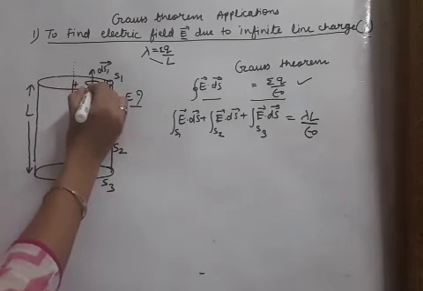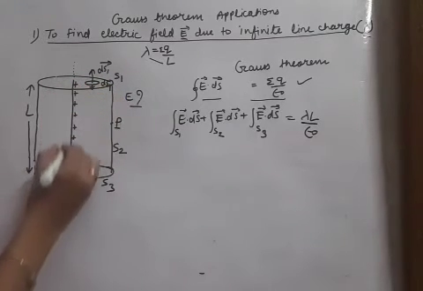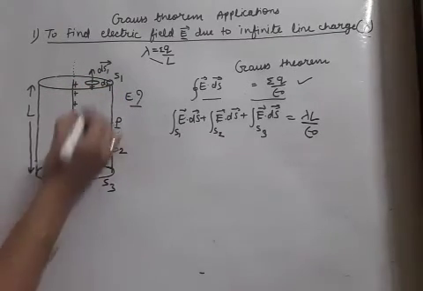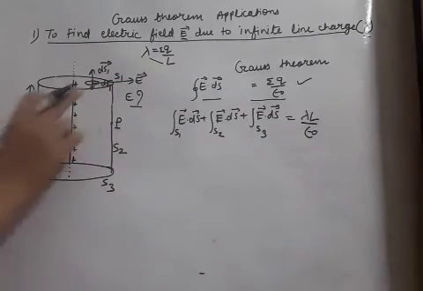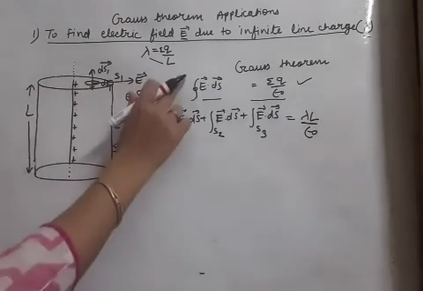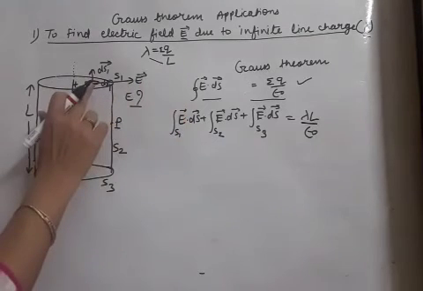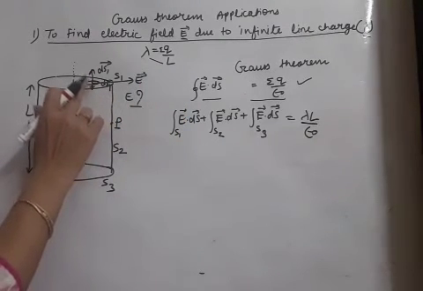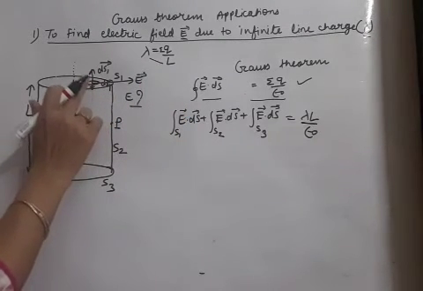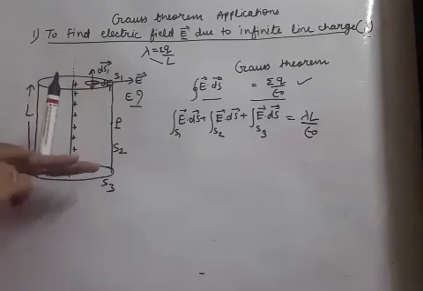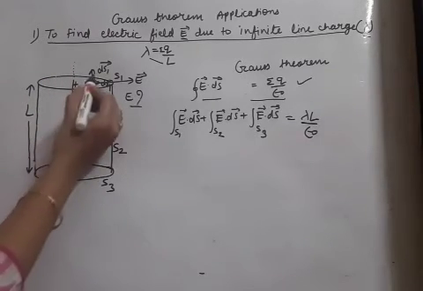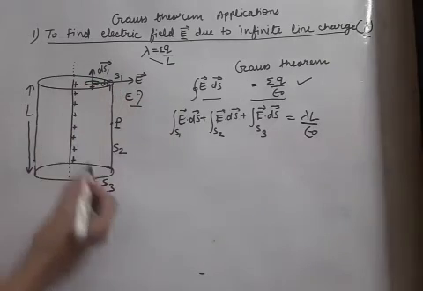So if a plus is kept here, due to this positively charged sheet, it will be repelled. That is why you can see that electric field is away and ds1 vector is the outward drawn normal vector to this surface, meaning the circle. The circle is horizontal, so the outward drawn normal vector is as shown. Now what is the angle between E and ds1?